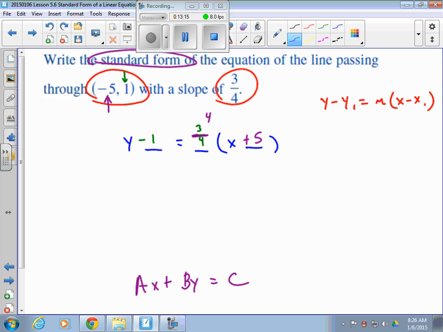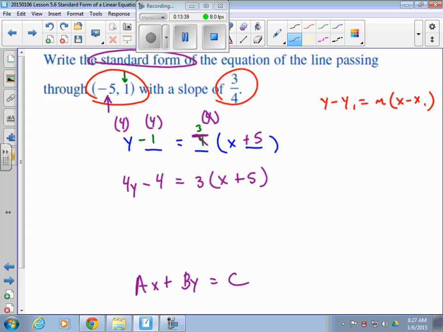Multiply this term by 4. That will multiply the whole side by 4. Multiply this by 4 and this by 4. That'll give you 4y minus 4 equals, this will cancel out, 3 times x plus 5. Now it looks a whole lot easier.